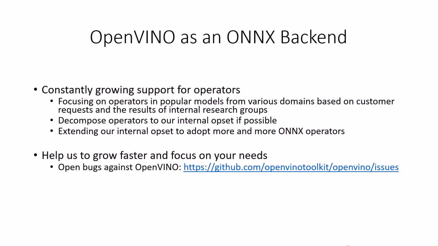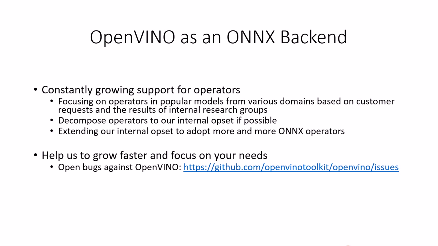So, what are we doing to make OpenVINO a good inference solution for ONNX models? First of all, constantly growing support for operators. Our main priority is operators from popular models and models from the customers. Each new ONNX operator can be supported in two ways. First, it can be decomposed to a subgraph of existing operations from the official OpenVINO operation set.